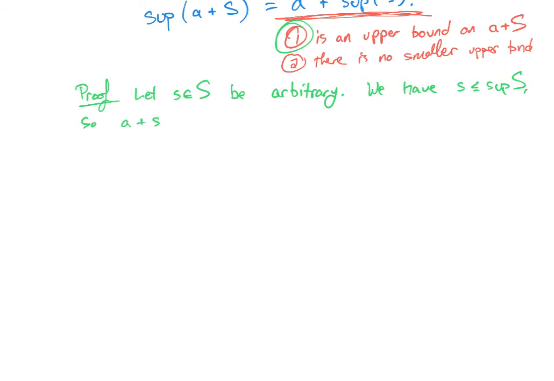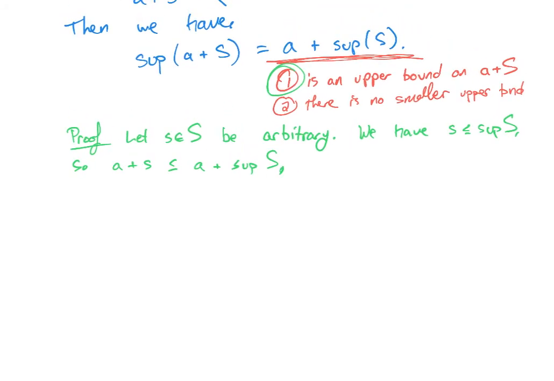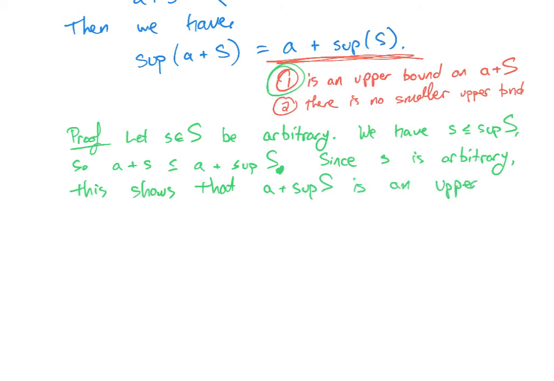A plus little s is less than or equal to A plus the sup of capital S. Okay, I'll put a period there, and then the point is, since s is arbitrary, this shows that little a plus sup of S is an upper bound on A plus S. Okay.